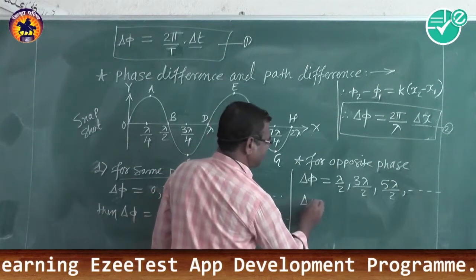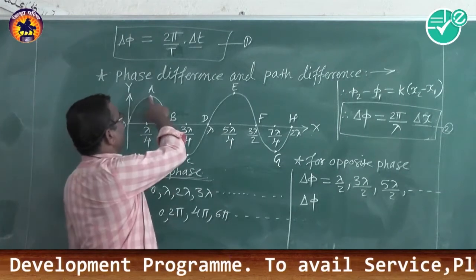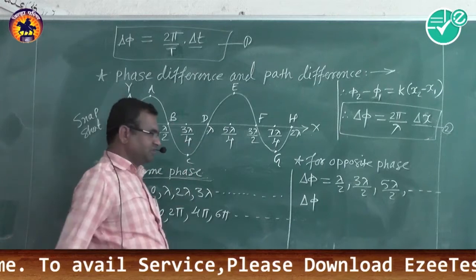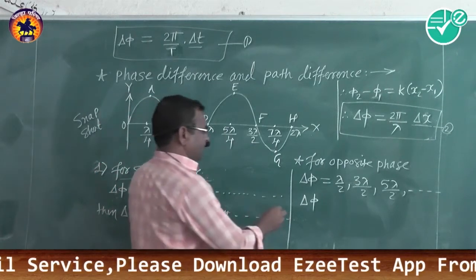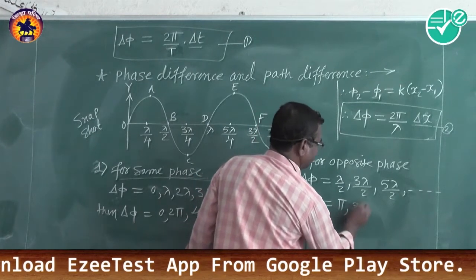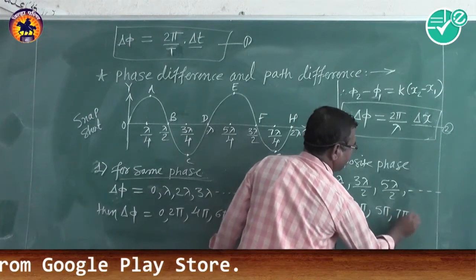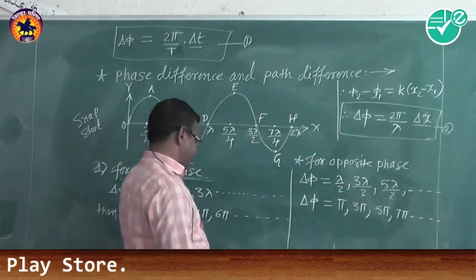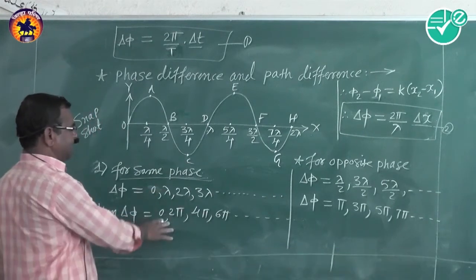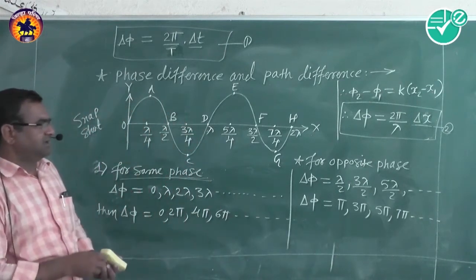For opposite phase, the crest of one wave coincides with the trough of the other. The phase difference delta phi becomes pi, 3 pi, 5 pi, 7 pi up to so on, which means odd multiples of pi. These are the conditions for same phase and opposite phase.